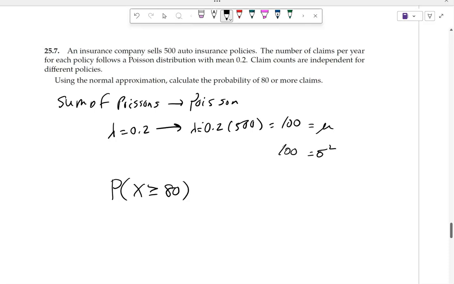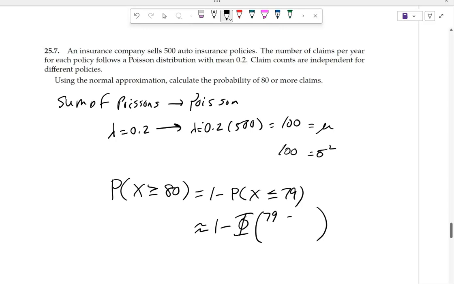Agree with that? Now, thinking about it from a discrete standpoint, since this is Poisson, if I do the complement, I would want 1 minus the probability that x is less than or equal to 79, right? We agree? Okay. Here's where your central limit theorem comes in. I would take my 79, what would we subtract? 100, and divide by the square root of 100, divide by 10.